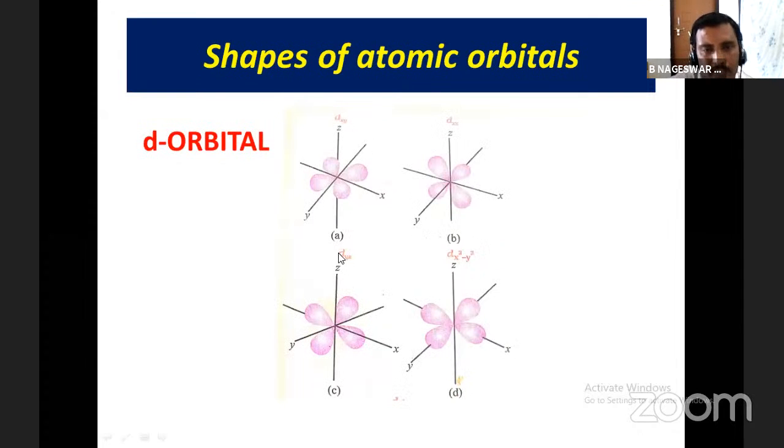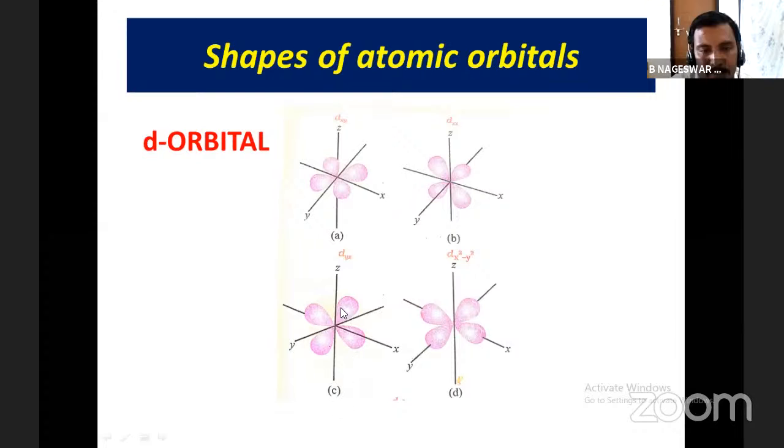In the case of dxy orbitals, the loops of the dumbbells are present between the x-axis and y-axis. Next, in the case of dxz, the loops are present between the x-axis and z-axis.